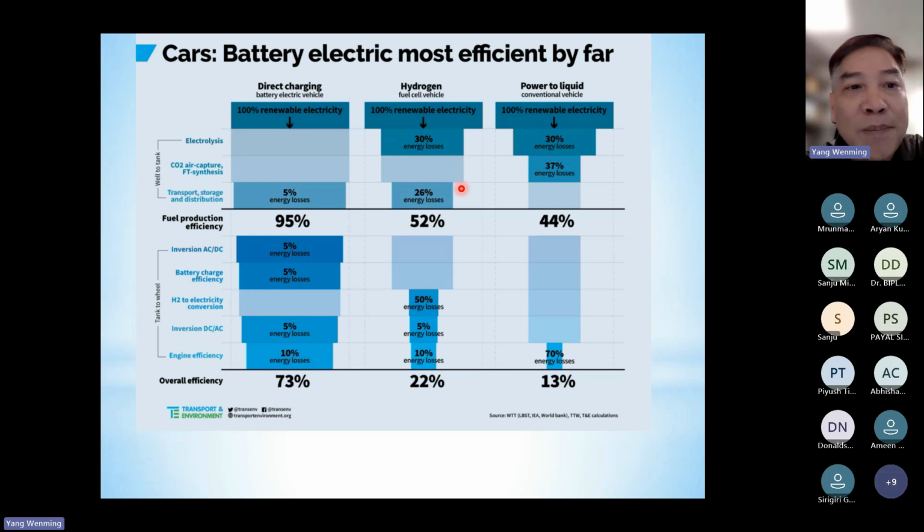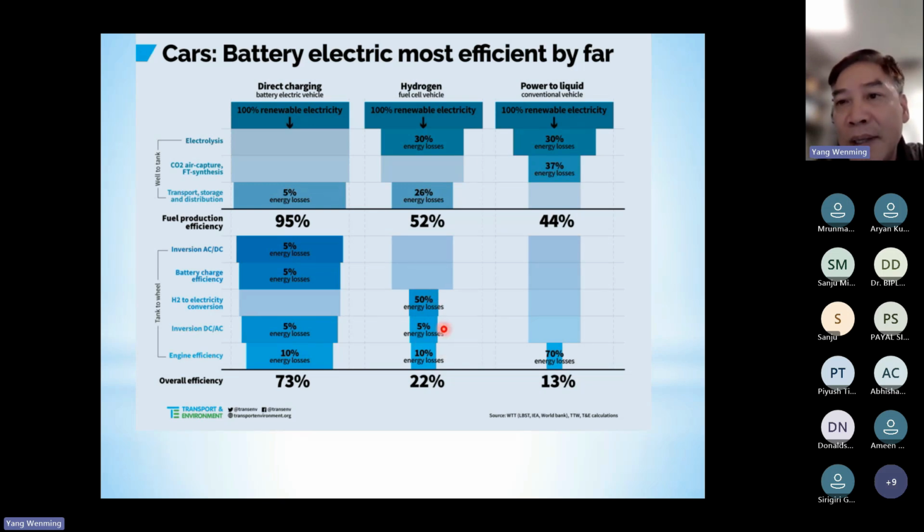The transportation, storage, and distribution of hydrogen will lose another 26%. So overall, the efficiency is about 52%. Then for hydrogen to electricity, assuming the fuel cell efficiency is about 50%, we lose another 50% of the remaining energy.